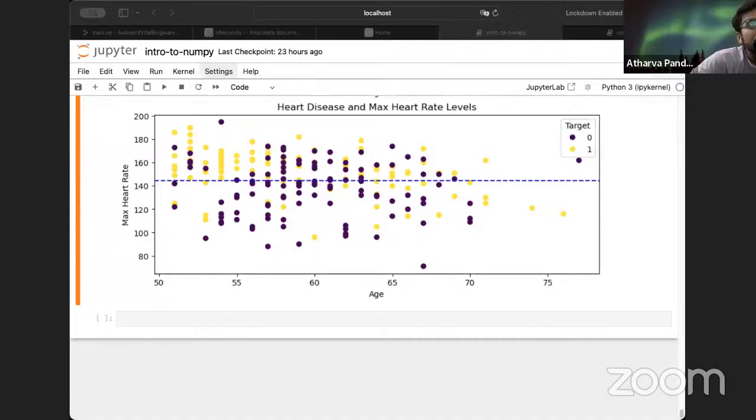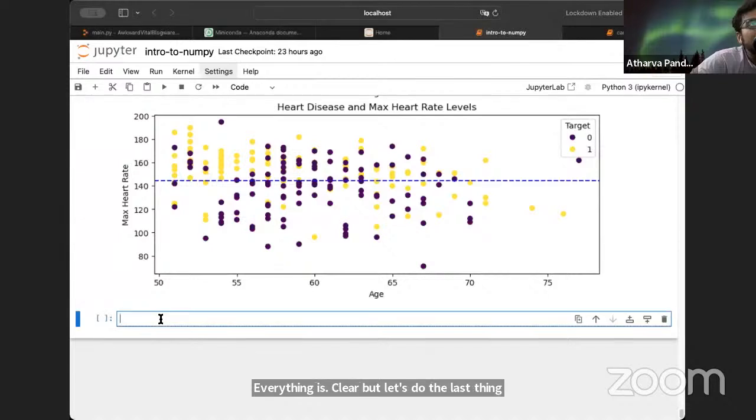If everyone understood this, then pretty much everything is clear. But let's do the last thing that's left in Matplotlib.